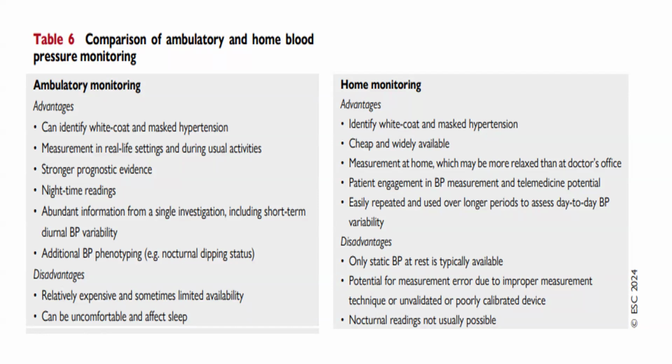The disadvantages are that only static blood pressure at rest is measured, and potential errors can occur, and nocturnal readings are usually not possible because patients most likely won't be encouraged to wake up from sleep and measure their blood pressure.